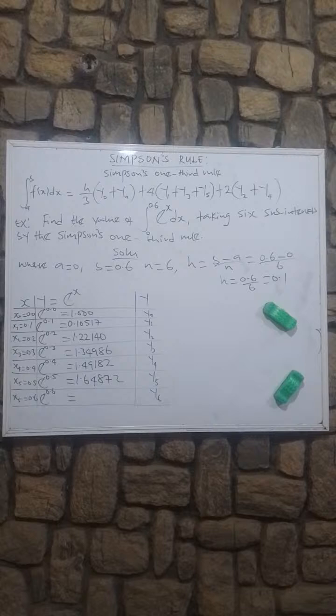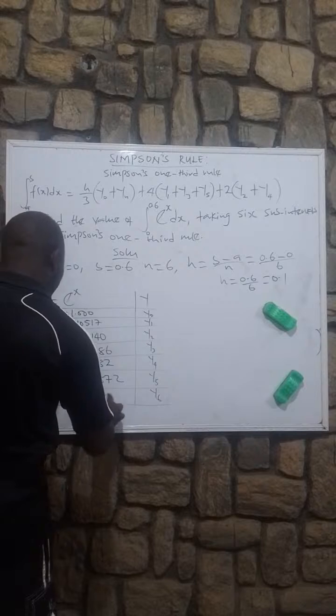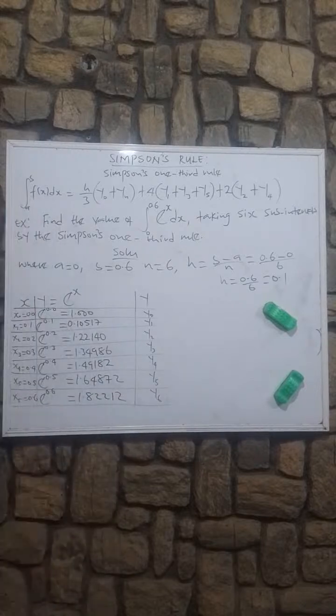We are going to have 1.82212. Okay, so let's go back to the formula.